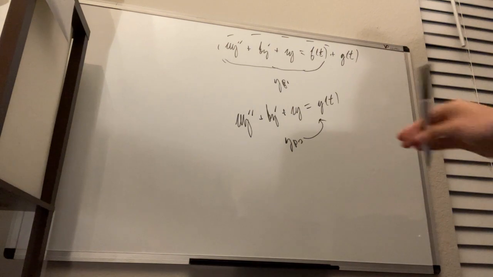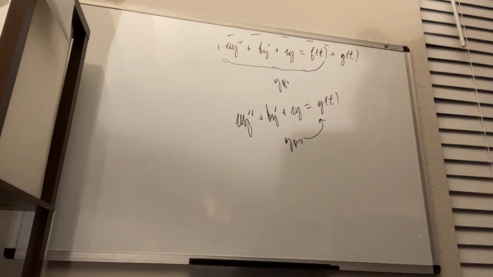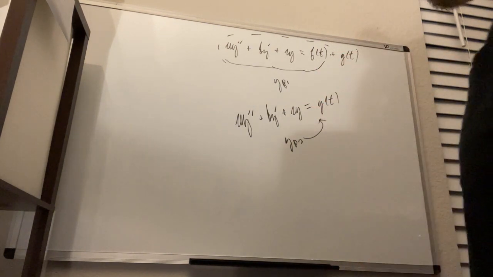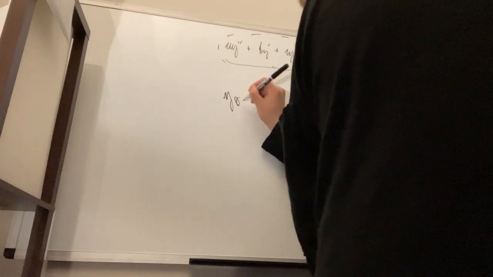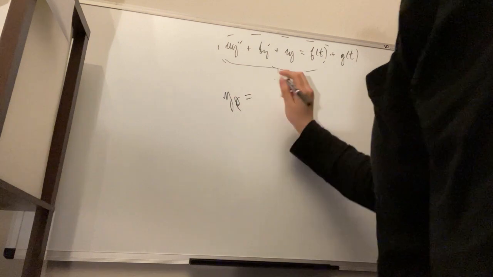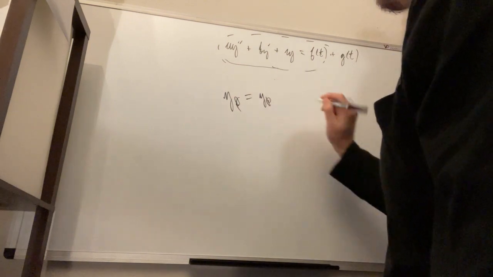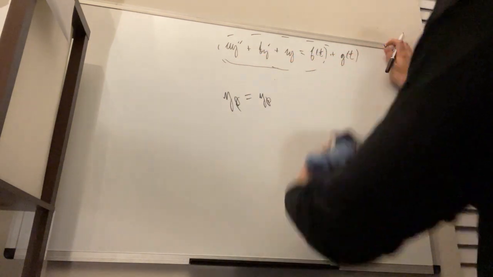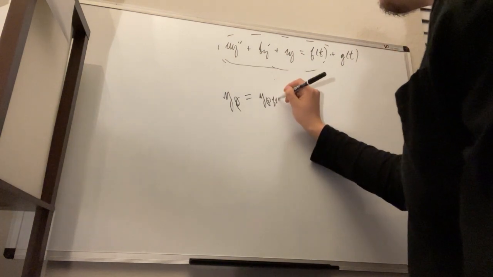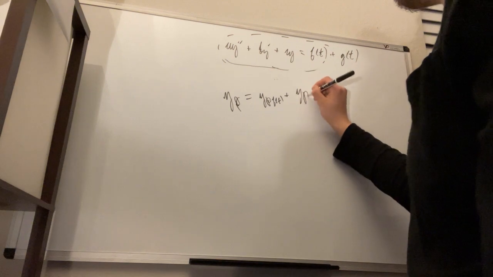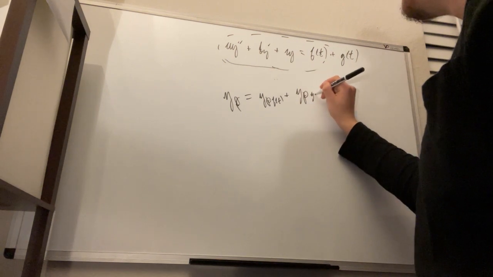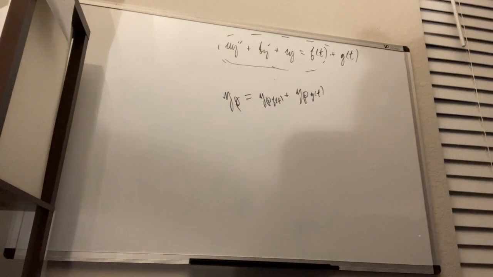All right. Now, after we have found those two particular solutions, the total particular solution of this differential equation is just going to be the particular solution for the equation with only f of t, which I'm going to write right there, plus the particular solution for when solving for g of t as the nonhomogeneity.